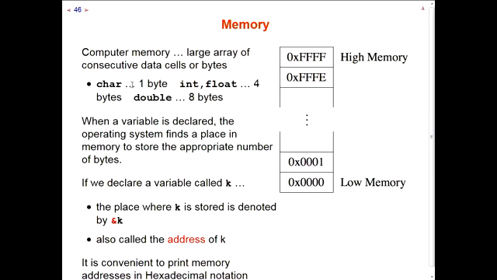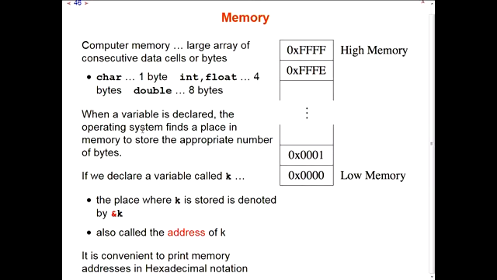We know, and I think I've mentioned that last week, that a character always takes 1 byte of memory. An int and a float, at least on a standard CSE lab computer, takes 4 bytes, and a double precision floating point number takes 8 bytes.